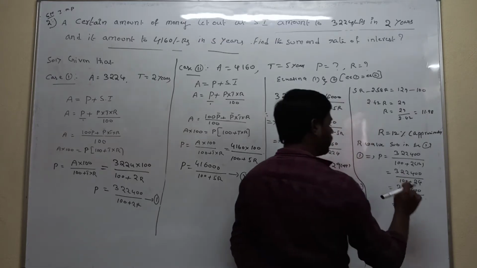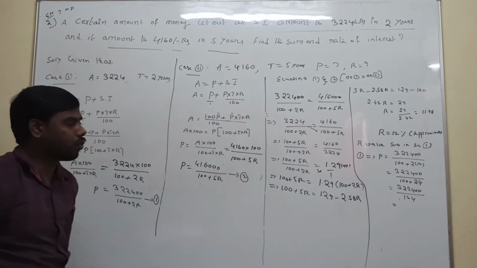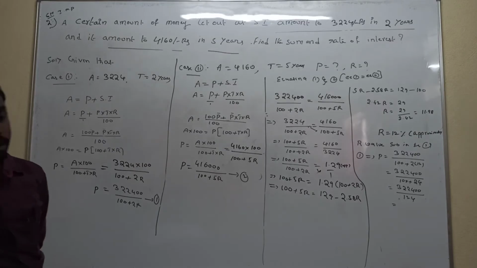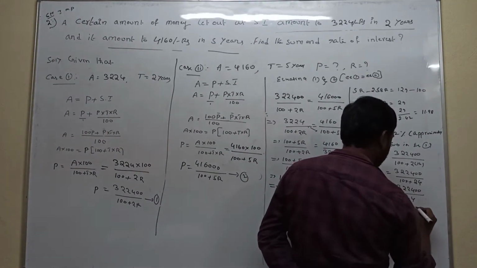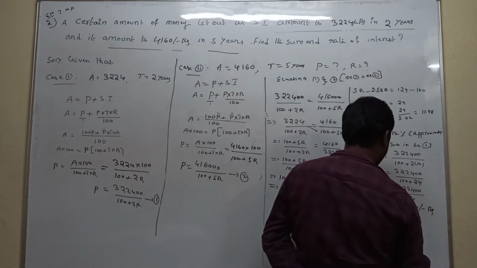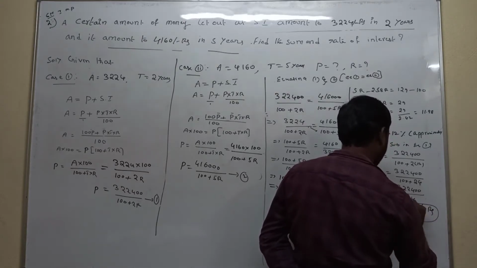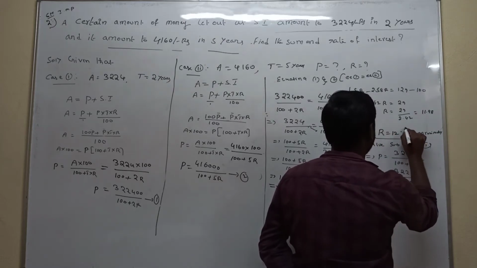That value is 2,600 rupees. This is the principal amount, the required P value.